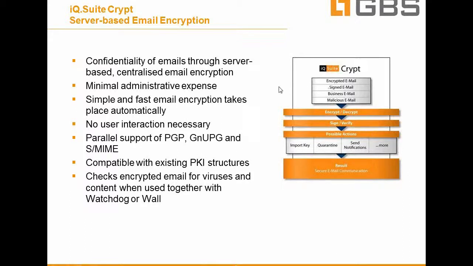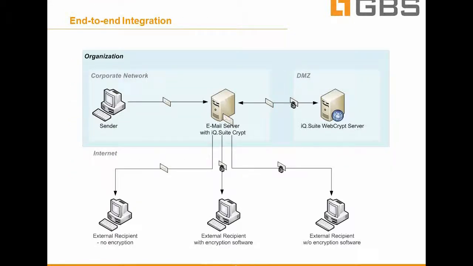So let's see what we can do when we look beyond the capabilities of Crypt. This might be an infrastructure that we can use to describe the technologies. Our sender within our company is sending an email to the email server, Domino or Exchange.